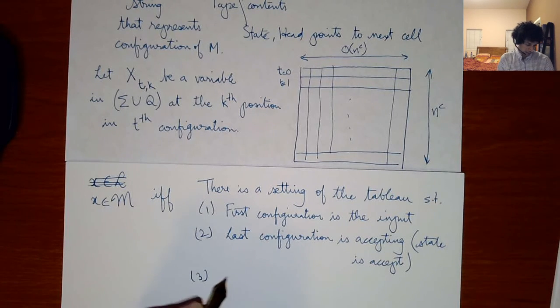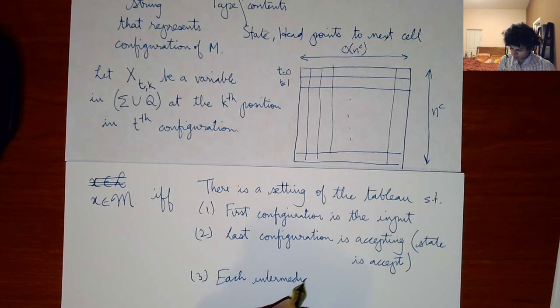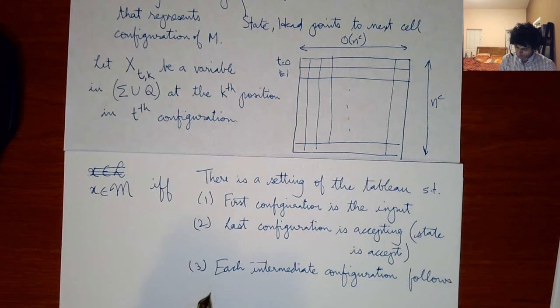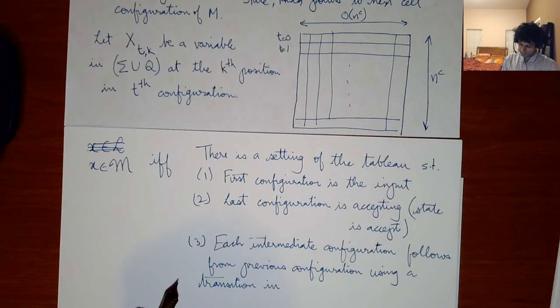And the third is that each intermediate configuration follows from the previous configuration using a transition in M, in your machine.